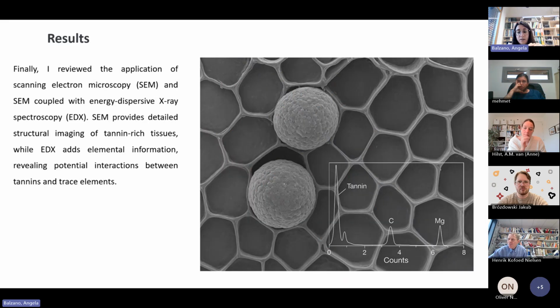And in the end, I reviewed the methods regarding scanning electron microscopy combined with X-ray spectroscopy, since the combination of these two can give both a topographic view of tannins, but also the in situ chemical characterization, thanks to the energy dispersive X-ray spectroscopy.